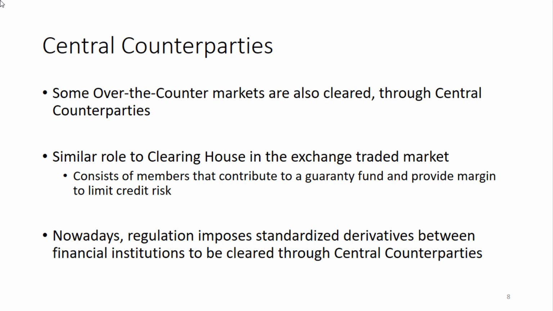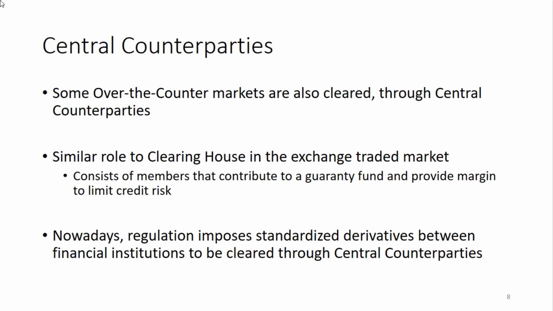The over-the-counter market usually entails exchanges or agreements between two specific counterparties. These two counterparties also know each other. Nowadays, in the over-the-counter market, there are also what we will call central counterparties, and some of these deals could flow, instead of directly from one party to another party, through these central counterparties.